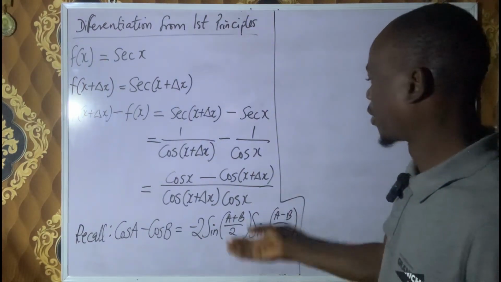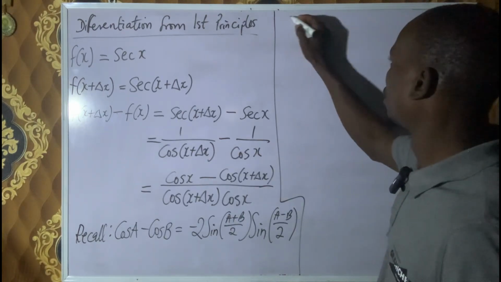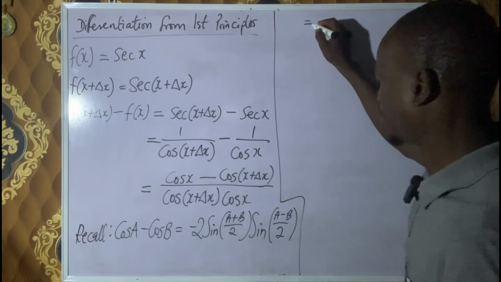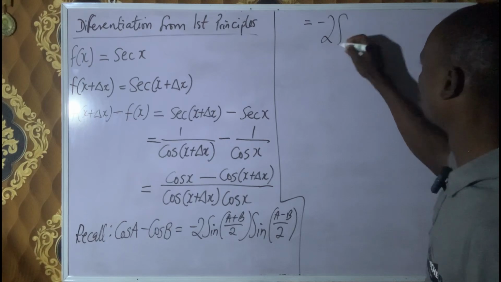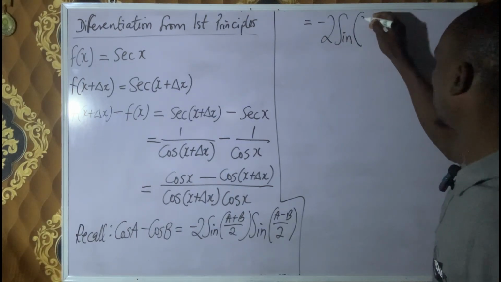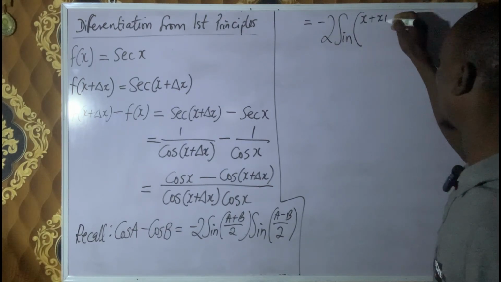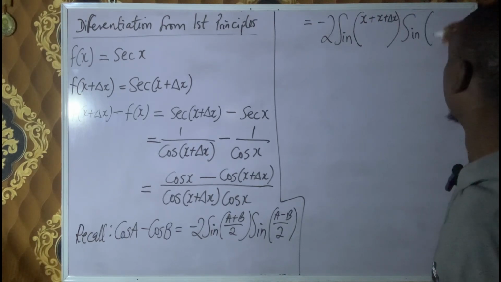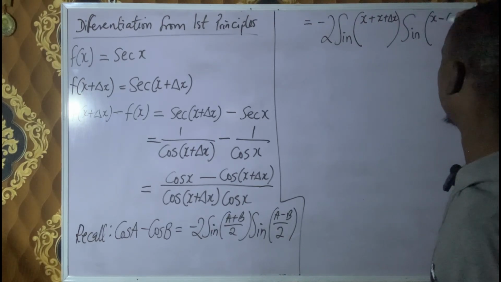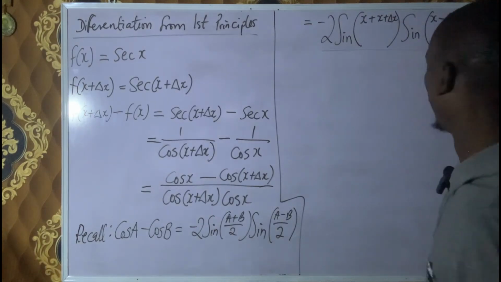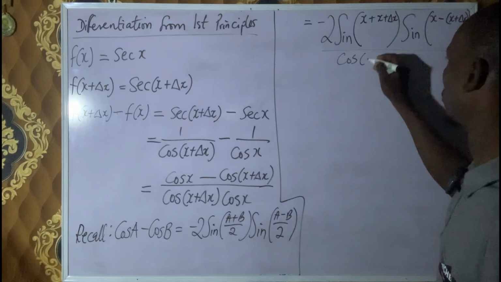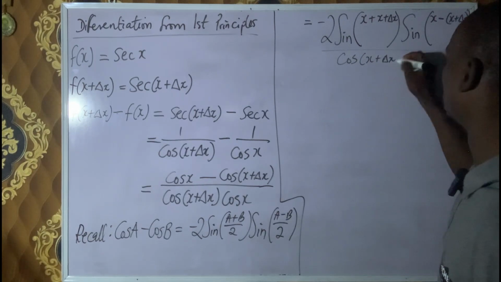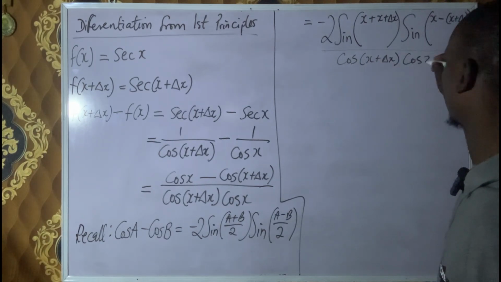So let's substitute and see what we'll get. If I substitute, everything becomes minus 2 sine of (A plus B) over 2, where A is x and B is x plus dx, times sine of (A minus B) over 2, which is x minus (x plus dx) over 2, all over cos of x plus dx times cos x.